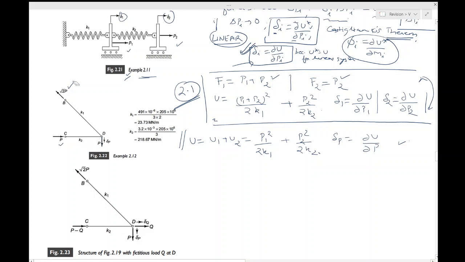So does this mean that Castigliano's theorem will only work if you have a force acting in line with the displacement you are trying to find?